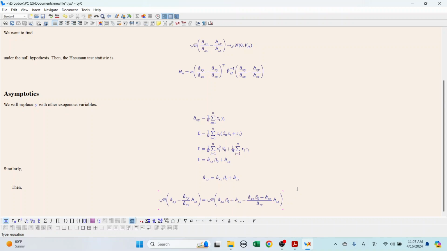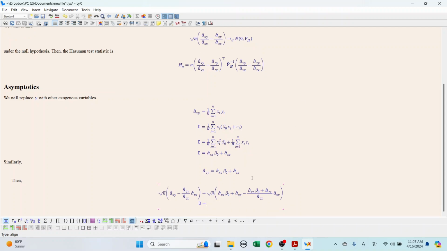Okay, and then rewrite the terms. Interestingly, the x beta term and the xz zx term are actually the same thing, so they will cancel out, and the beta 0 xx term will cancel out this term. So it simplifies a lot, right?